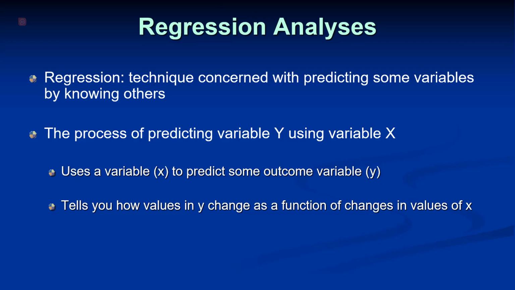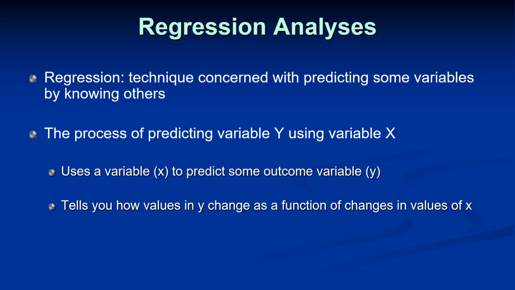A simple linear regression analysis estimates parameters in a linear equation that can be used to predict values of one variable based on the other. Typically, we use an independent variable x to predict an outcome or dependent variable y.